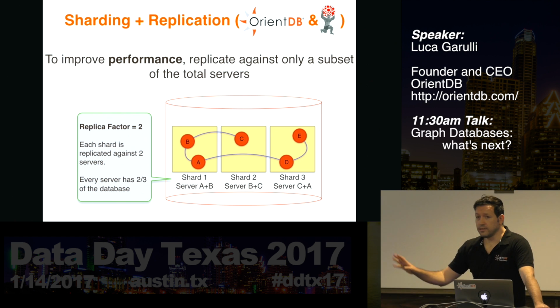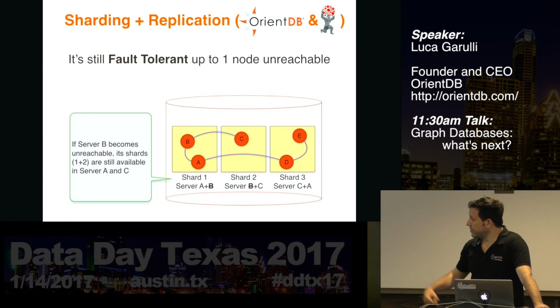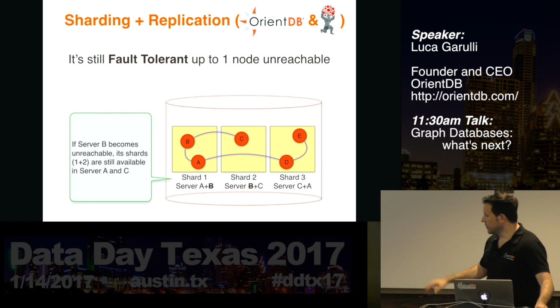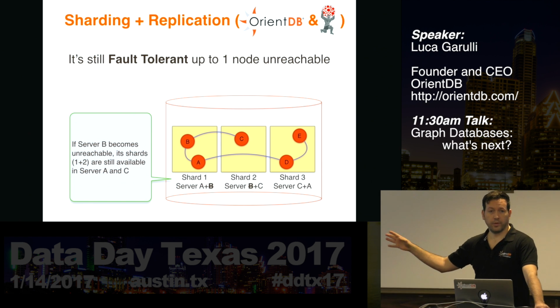This means that every server has 2/3 of the database, right? This is fault tolerant. In this configuration, up to 1 node can be unreachable. If any of these nodes is unreachable for any reason, you still have the entire database, right?